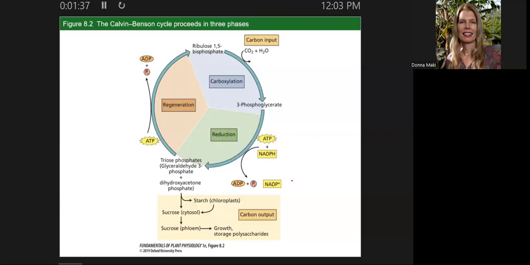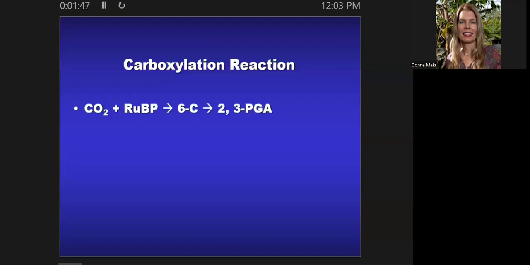And if you think about the first step where you see the CO2 coming in through the stomata, then you get this reaction going on where it reacts with that 5-carbon sugar, RuBP, that has 2 phosphates on it.